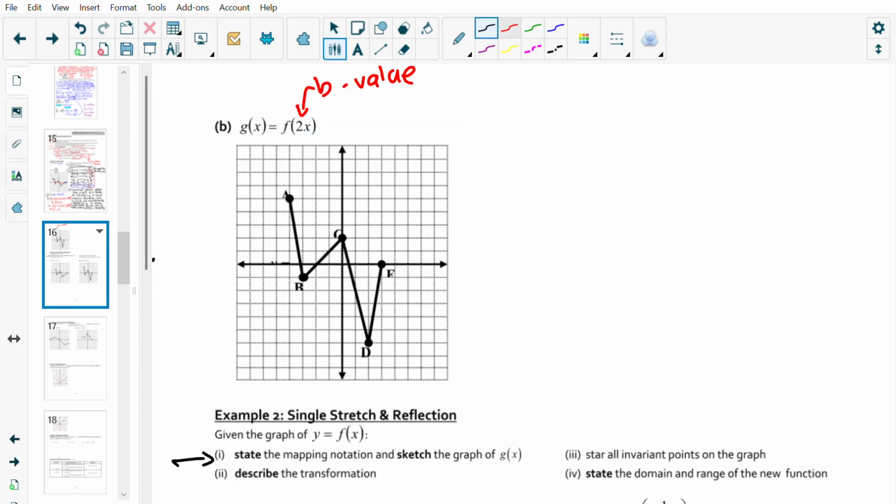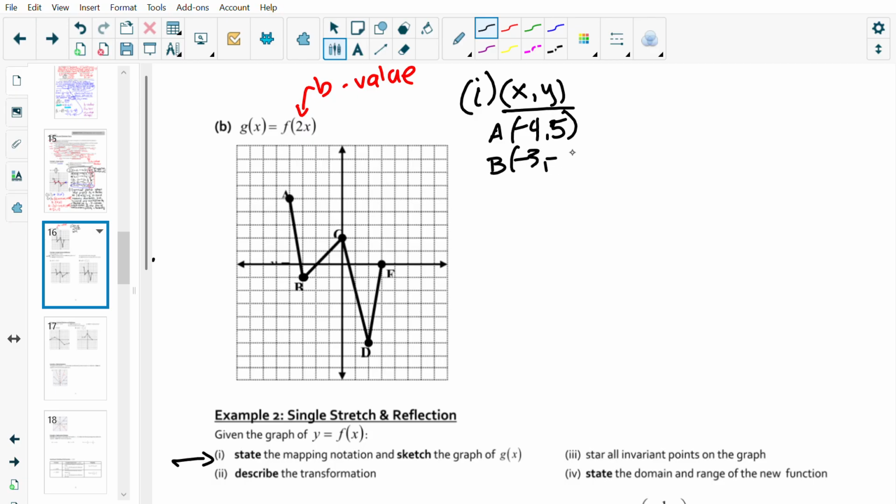Next example. State the mapping notation and sketch the graph. So I'll do this by going 1, x, y. Okay, what are all the points for x, y? A, -4, 5.